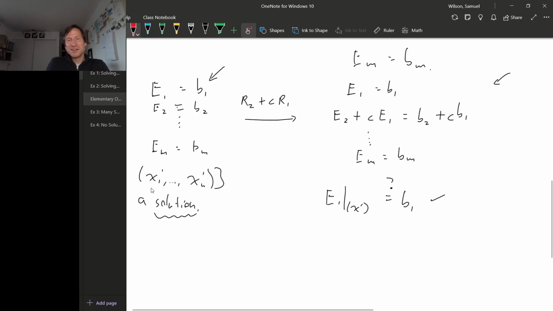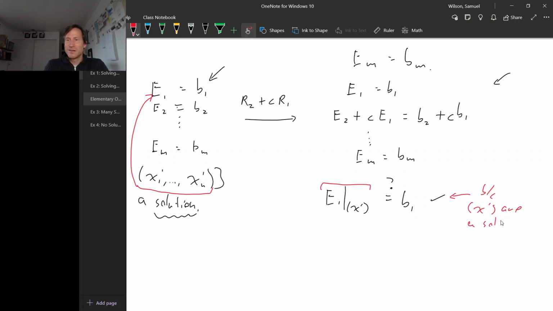So, right, these x values being a solution to the system means that when you plug the x values into this equation, you get a true equation. But that means that exactly that e sub 1 evaluated at all of these x values has to be b sub 1. So this is just because all of our x values are a solution to the original system.